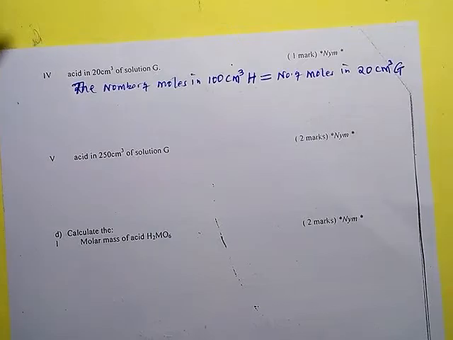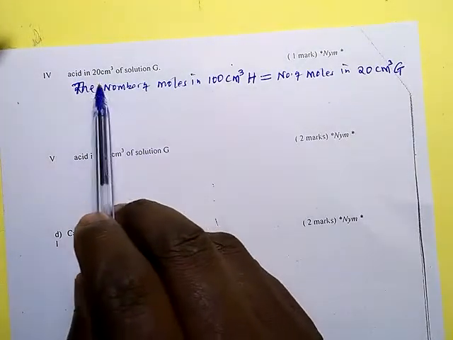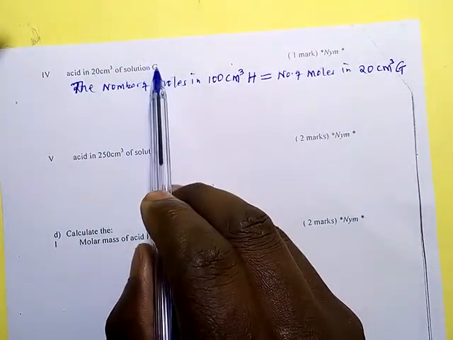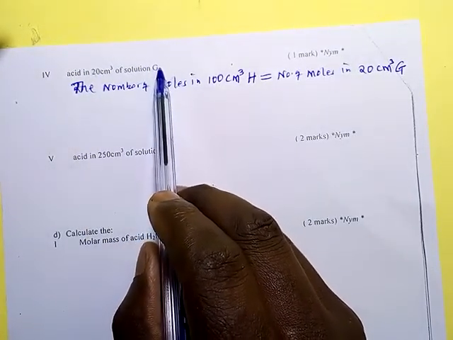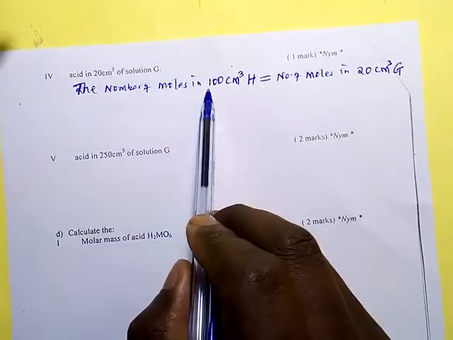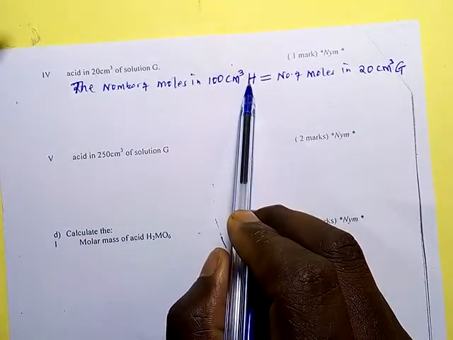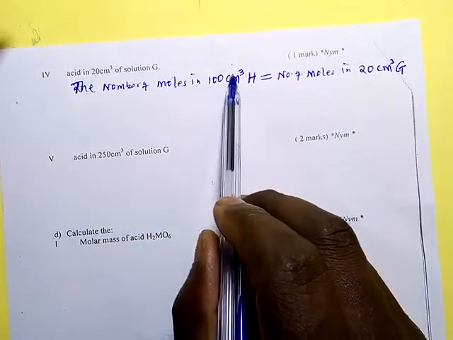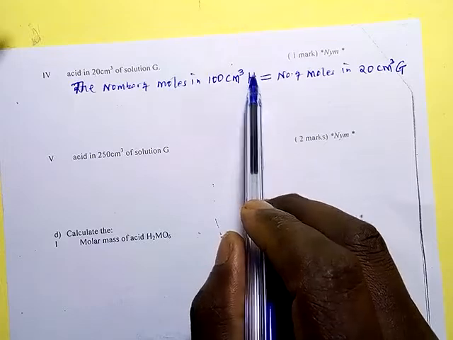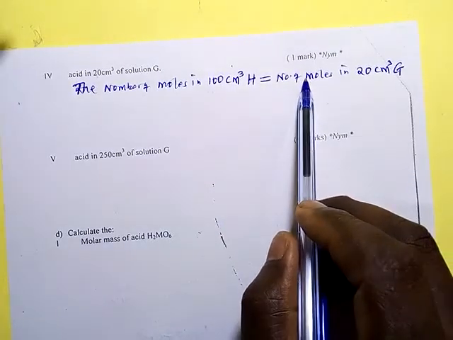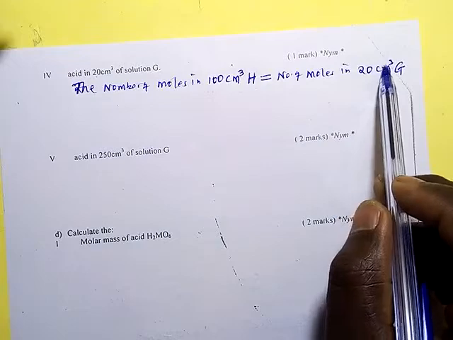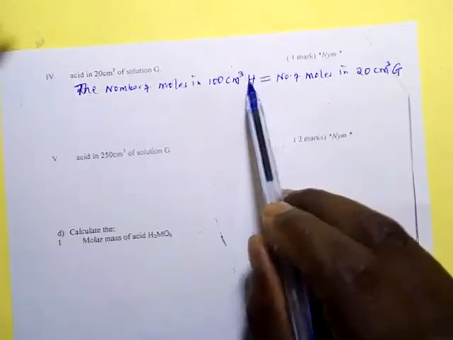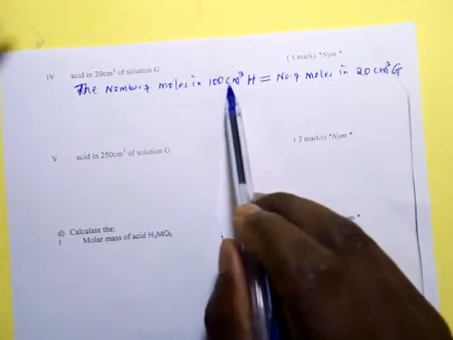If you didn't get the way I explained, remember, we measured 20 centimeters cube of G, added 80 centimeters cube of distilled water, forming 100 centimeters cube of solution H. So the number of moles in 100 centimeters cube of solution H is equal to the number of moles in 20 centimeters cube of the original solution G. The number of moles does not change.